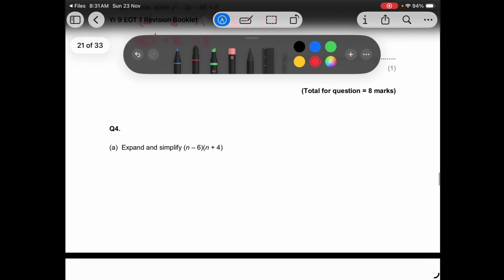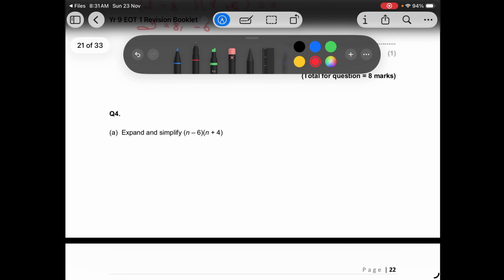And here, students, I have expand and simplify. So you know that we multiply the first by the first by second, second by first, second by second. So it will be n squared plus 4n minus 6n minus 24.